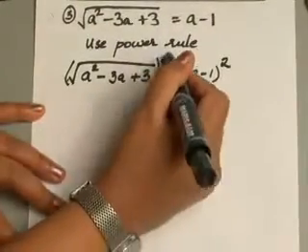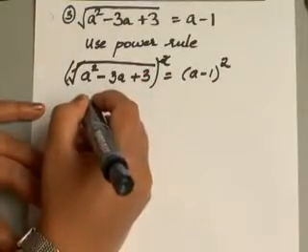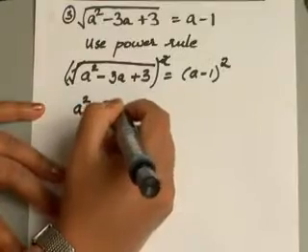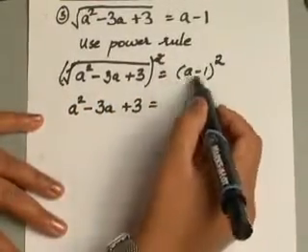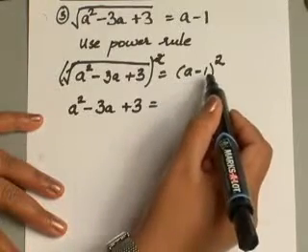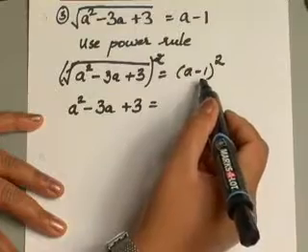On the left hand side, of course, the square will cancel out the square root, and you end up with a squared minus 3a plus 3 on this side. Now on the right hand side, you have a minus 1 squared, which means that you will go ahead and FOIL the right hand side.